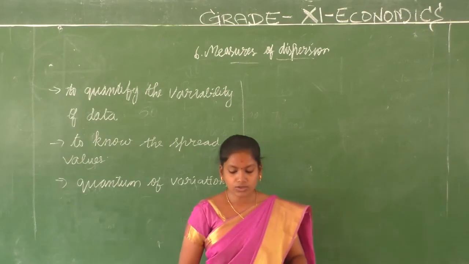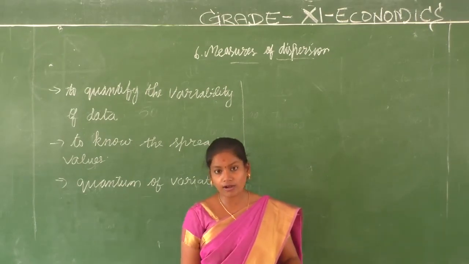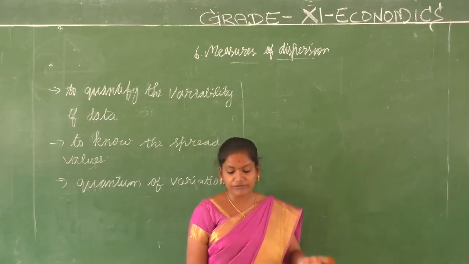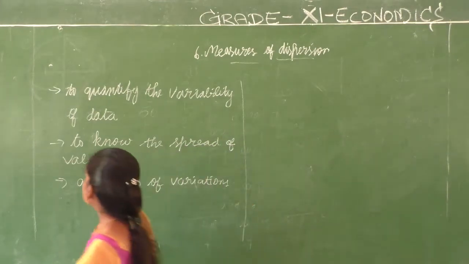Right, children? So dispersion is the extent of what? To which values in a distribution differ from the average of the distribution.